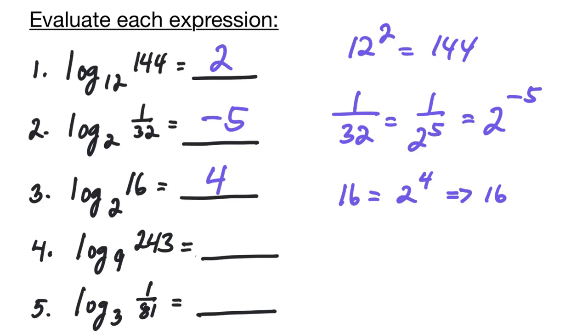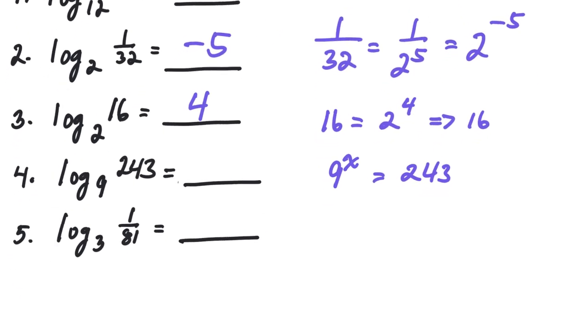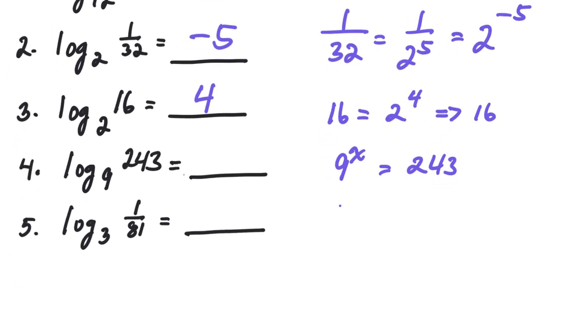The next one is log base 9 of 243. Now let's look at this one. 9 raised to x is equal to 243. Now I can factor 9. Actually, 9 can be represented as 3 squared, raised to x. And 243 can also be in base 3.